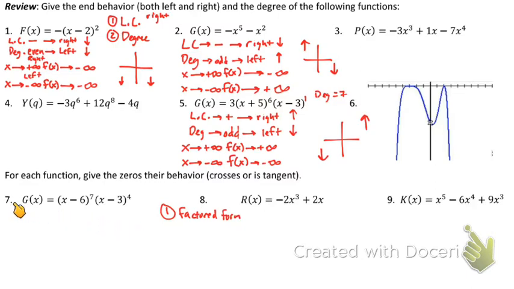If you look at number 7, it is already in factored form. Okay? So when we have factored form, we can solve. So the next thing is solve for the zeros.